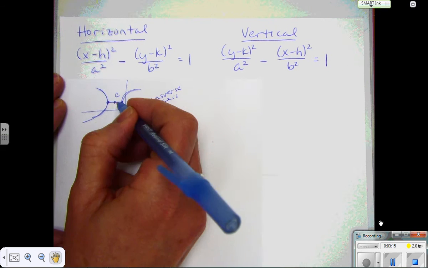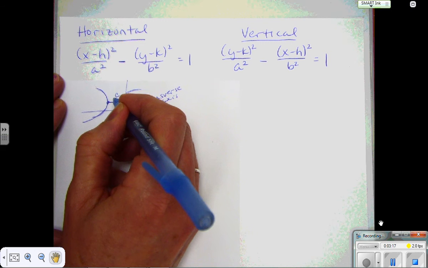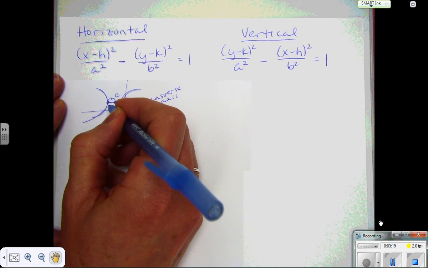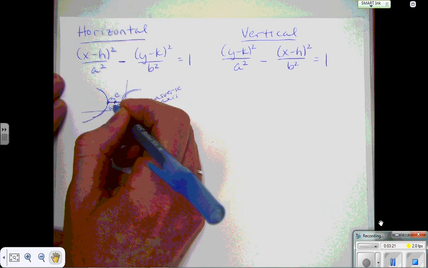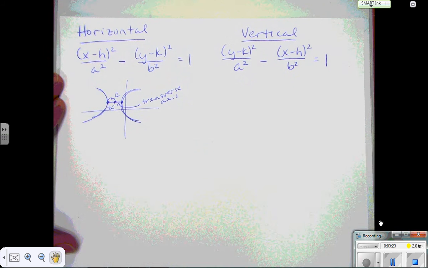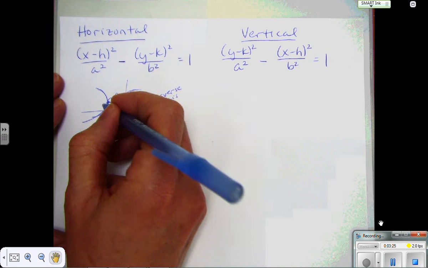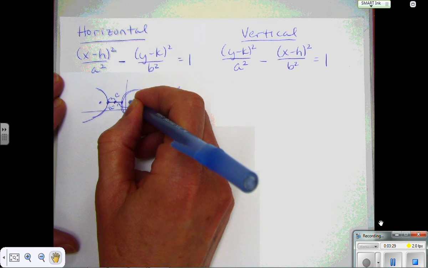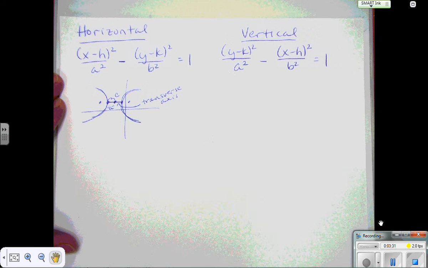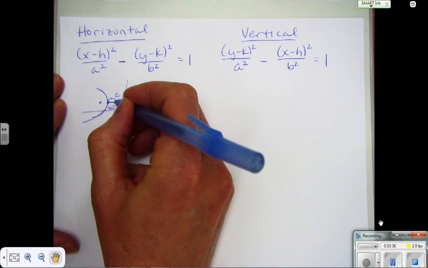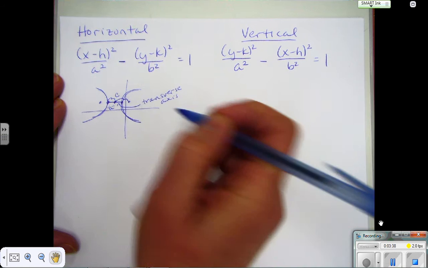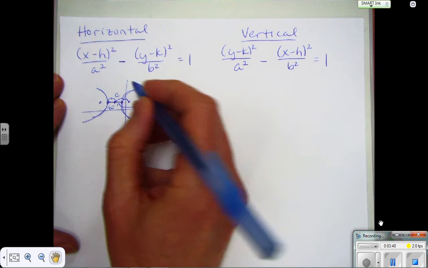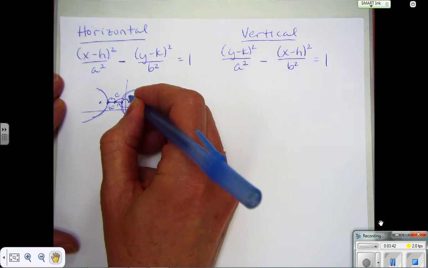The distance from the center to one vertex is a, so that stays the same compared to an ellipse. Then you have two foci that are just inside your two parts, and the distance from the center to one focus is called c.